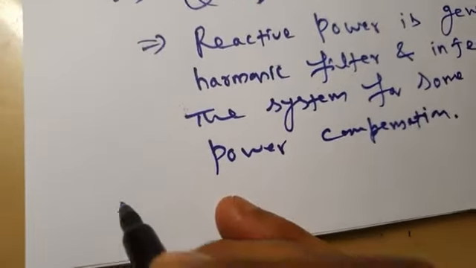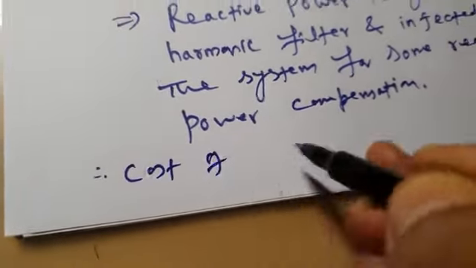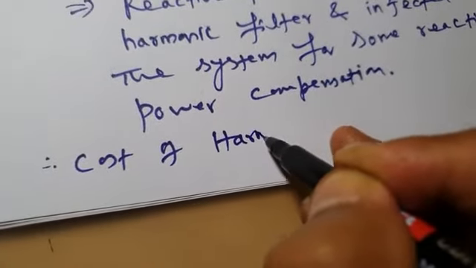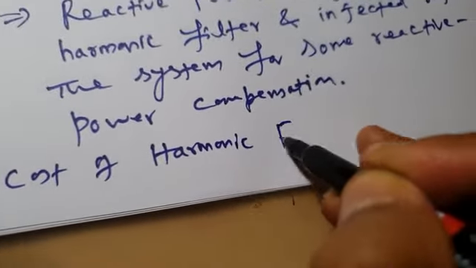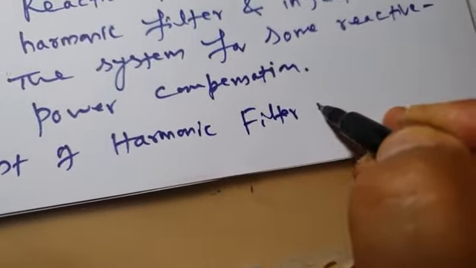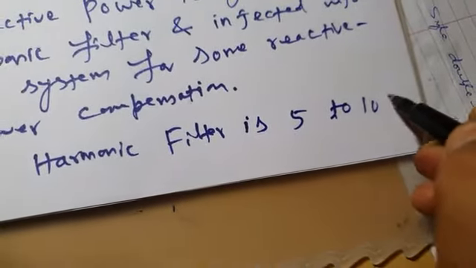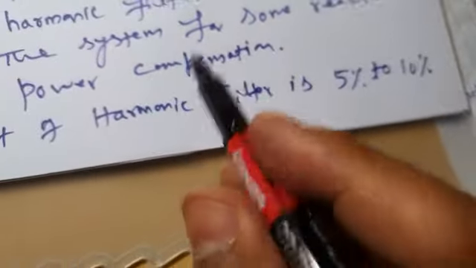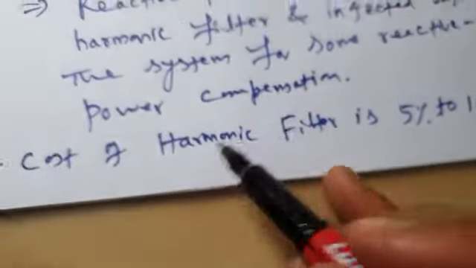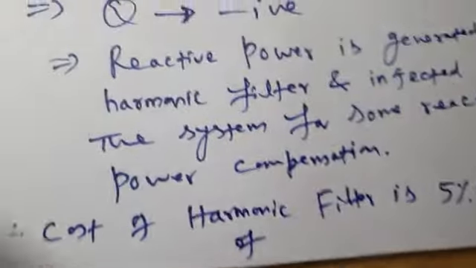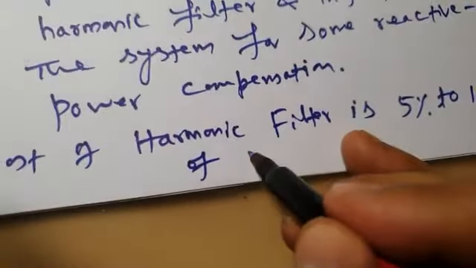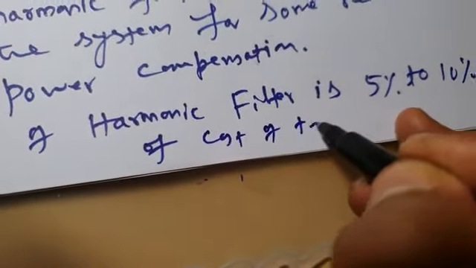And finally, you should write the cost of this harmonic filter. What is the cost of a harmonic filter? Generally, the thumb rule is that the cost of a harmonic filter is 5% to 10% of the cost of terminal equipment.